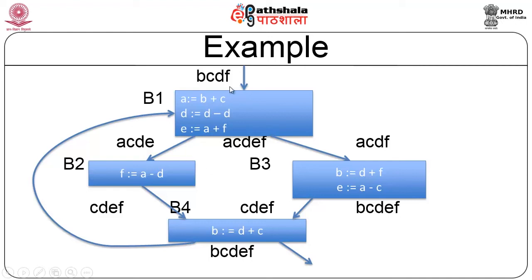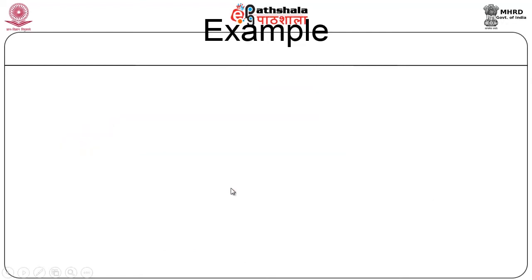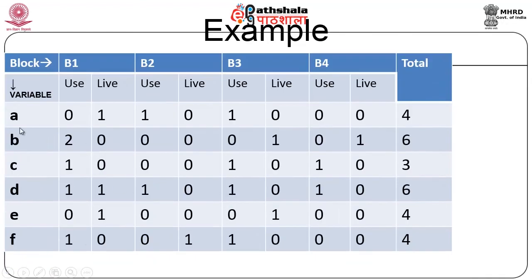Now E actually is getting defined here only. Therefore E cannot be considered live information, because E is used here as well as defined here. Now let us take this example, block B1 use and live, block B2 use and live.